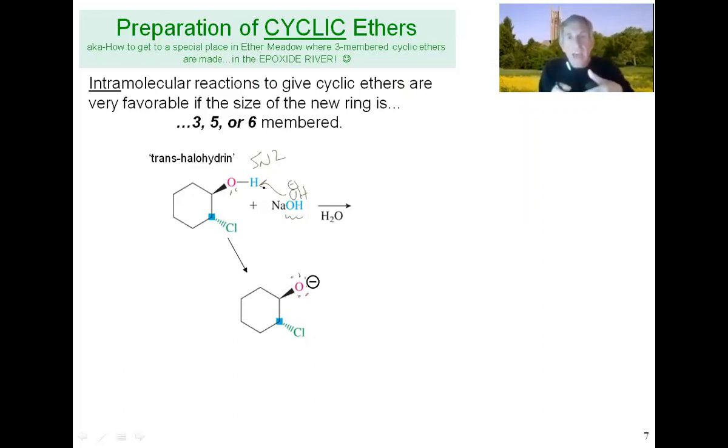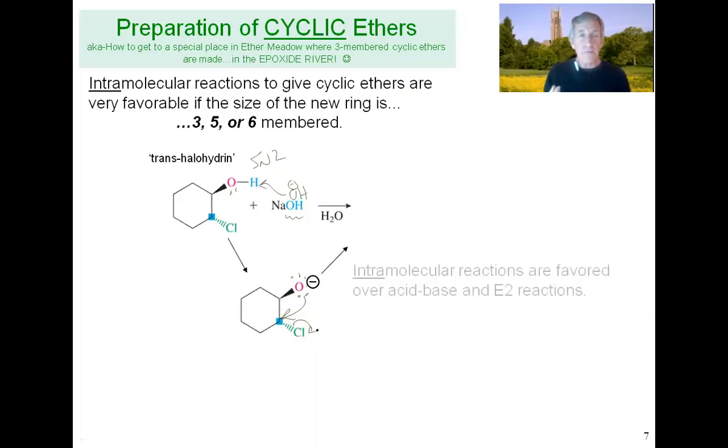It's just so fast that the equilibrium is driven pretty strong by the smallest amount of O- that you can start to generate. Because as soon as this is here, it will immediately collapse and kick off the Cl. The proximity is so close, intramolecular, beautiful, and it's going to do this faster than any acid-base reaction, so I don't have to worry about an E2 elimination.